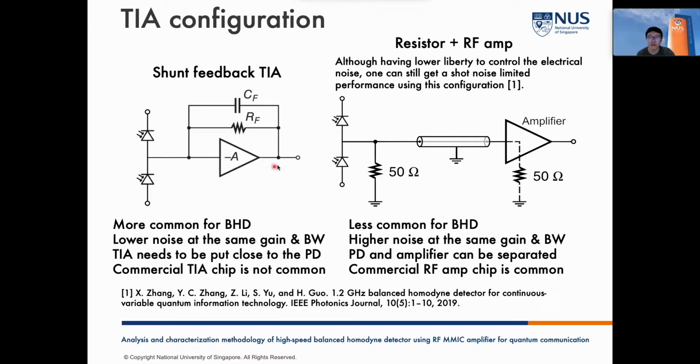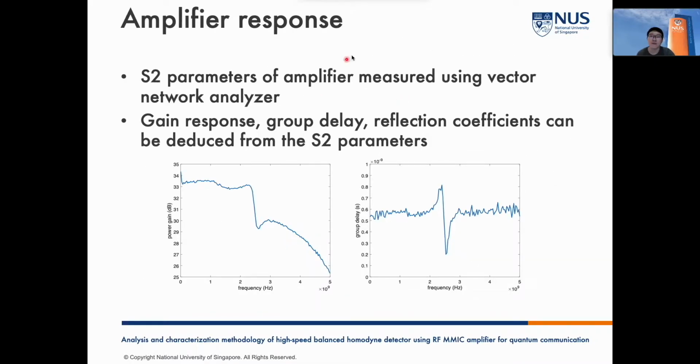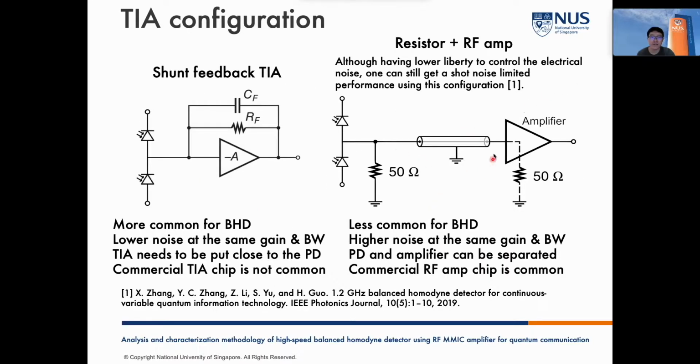So in that situation, people can as an alternative use the configuration on the right to build a balanced homodyne detector as well. So we propose some methods to characterize the balanced homodyne detector using the configuration on the right.